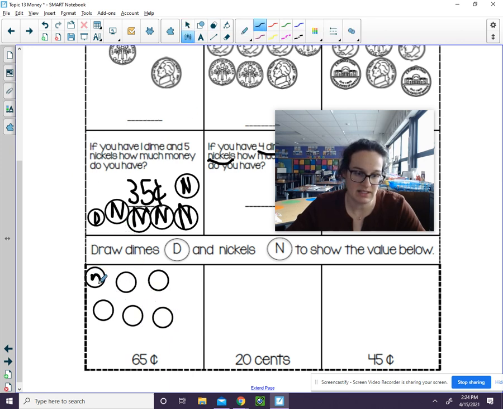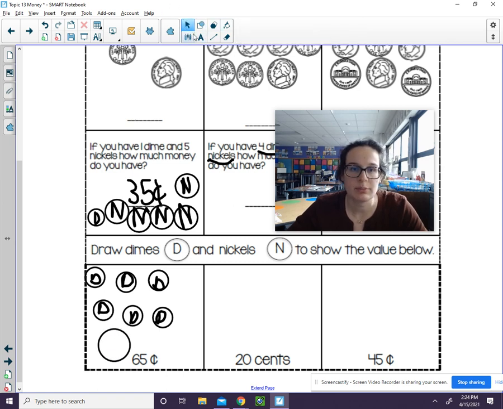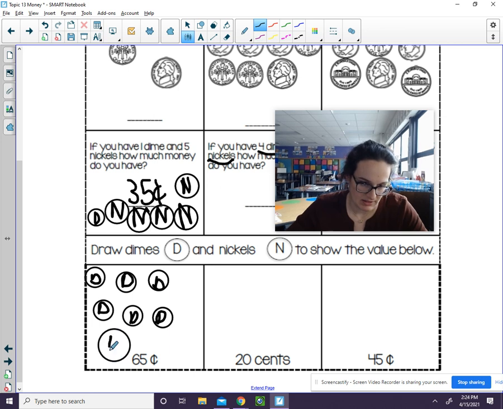I'm going to write a D in them so I know it's a dime. And then I have 60 cents then because 10, 20, 30, 40, 50, 60. So now I just need 1 nickel. So I'm going to go ahead and make myself 1 nickel. I made the circle a little bigger because I know nickels are a little bigger. Make that 1 nickel. There you go. You'll want to do 20 cents and also 45 cents.